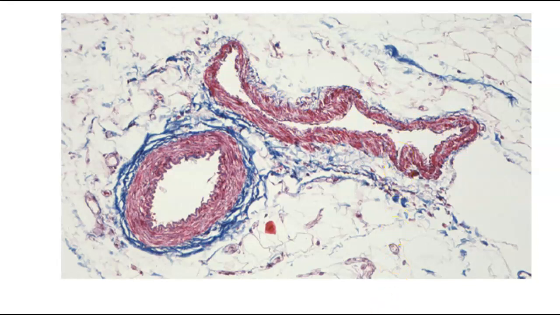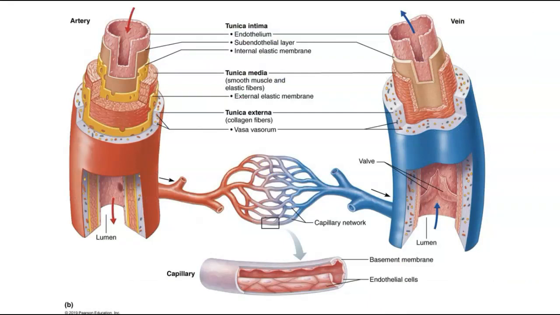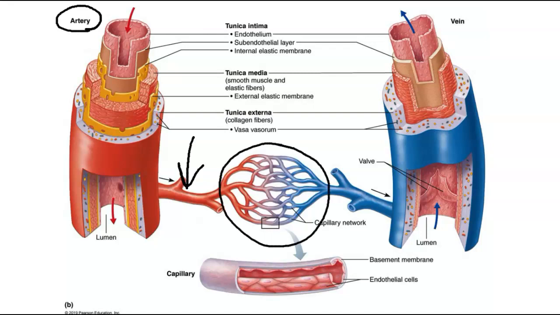So taking a look again at the different types of blood vessels, we have 5 different types of blood vessels. There is what's called an artery, and then arteries lead into basically like a small artery called an arteriole. Arterioles convey blood into a capillary bed.